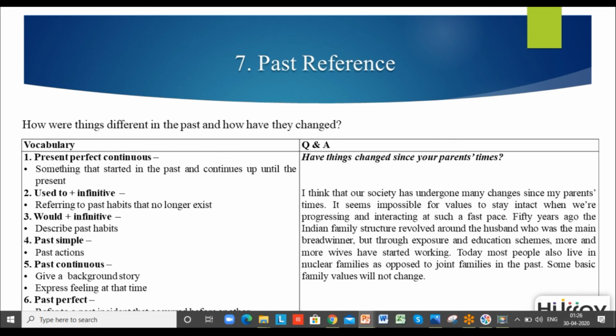But through exposure and education schemes, more and more wives have started working. Today, most people also live in nuclear families as opposed to joint families in the past. Some basic family values will not change.